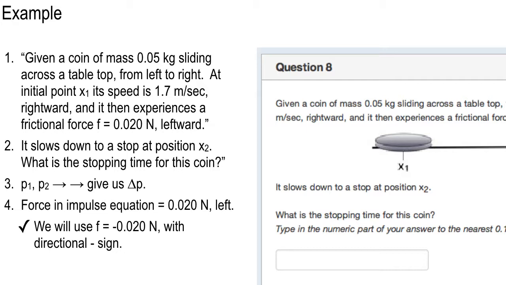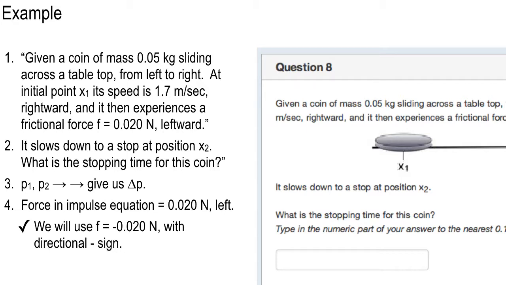You'll see it in just a second, to indicate leftward friction force. So the friction is always opposite the direction of the motion. So if you're moving to the right, from left to right, your friction force is back to the left. If you're moving to the left, your friction force is back to the right. So this one, the motion is left to right, so the friction force is the opposite direction. So it gets a minus sign.